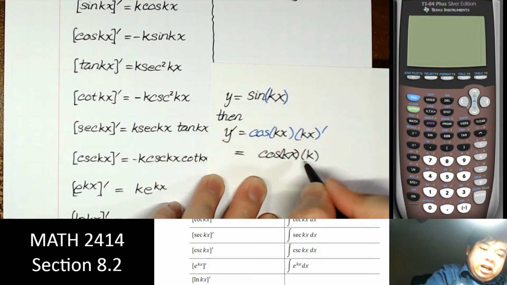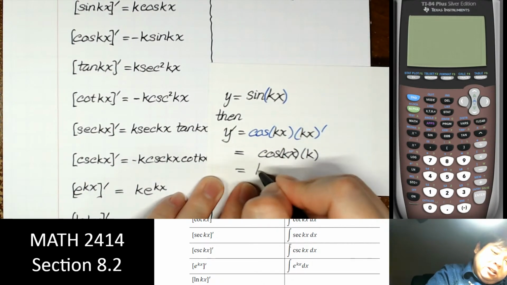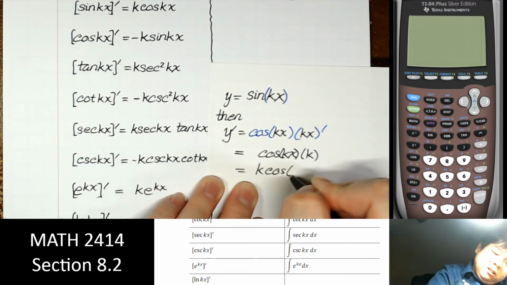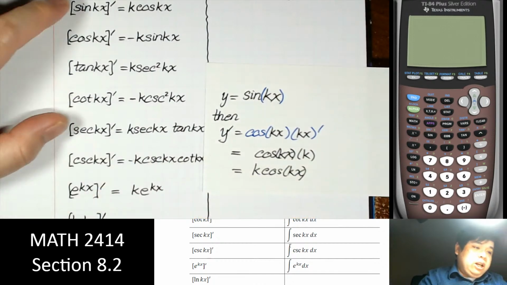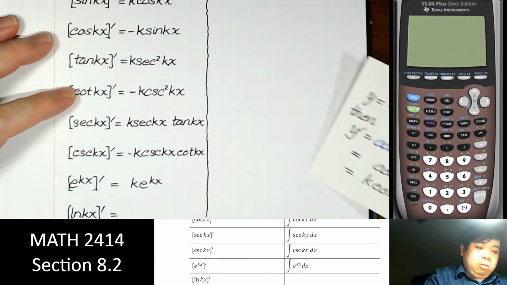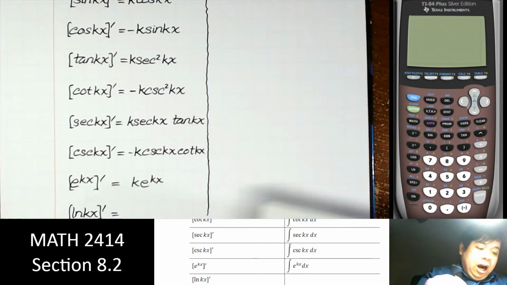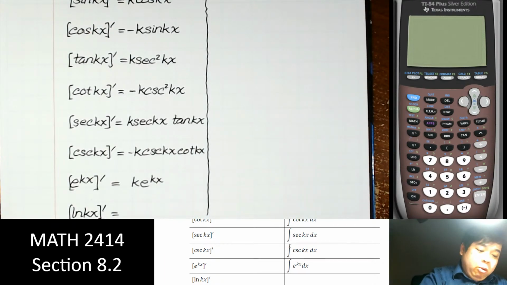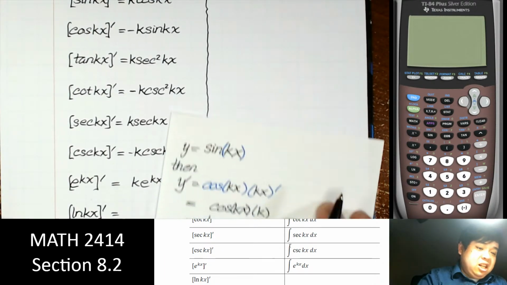Derivative of kx is k, and that's why we write the k in front. So the kx is the argument of the trig function. If that is the case, then this will probably multiply by the k to it, but it is not.